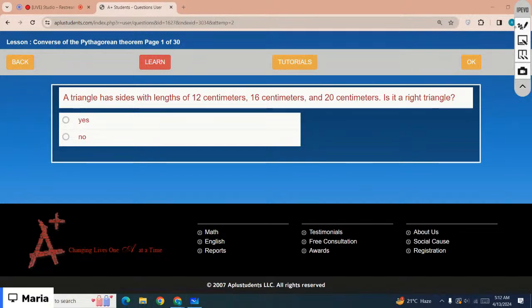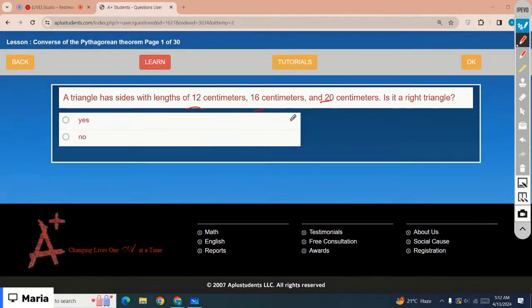Our triangle has sides with length 12, 16, and 20, right? That means 20 must be the hypotenuse. Okay, 16, 12, and this must be 20. Just check. c square equals a square plus b square.